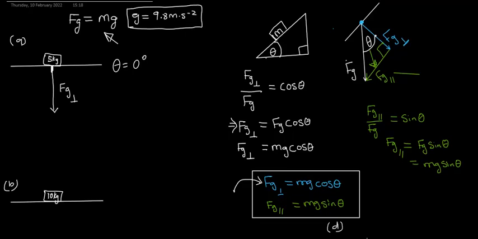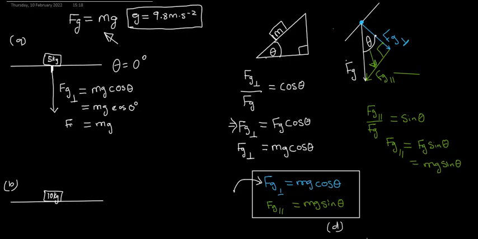Since that is the case, that component is going to be mg cos of the angle theta, which is mg cos of 0 degrees, and we know cos of 0 degrees is 1, which means it's just equal to mg.